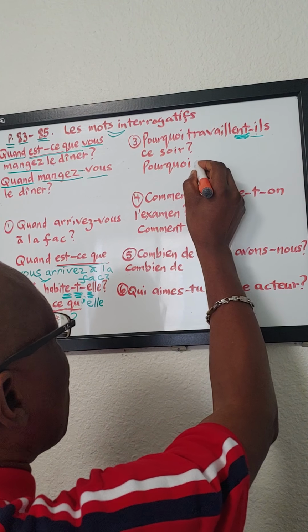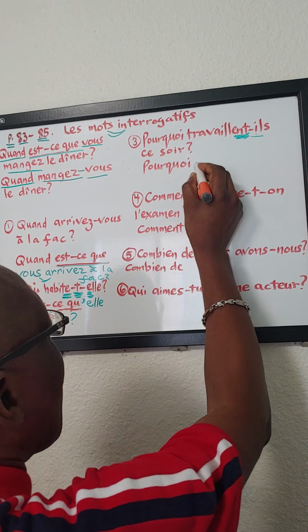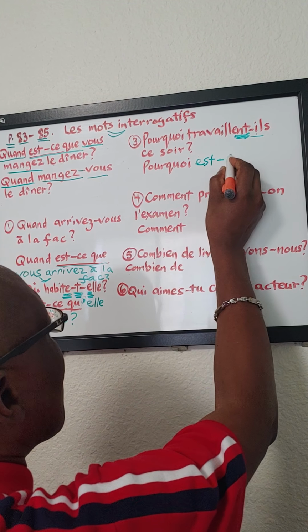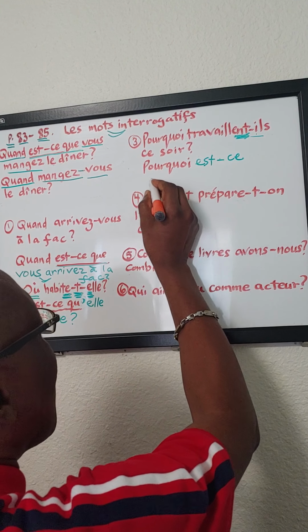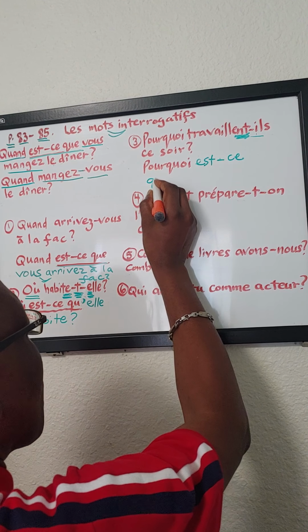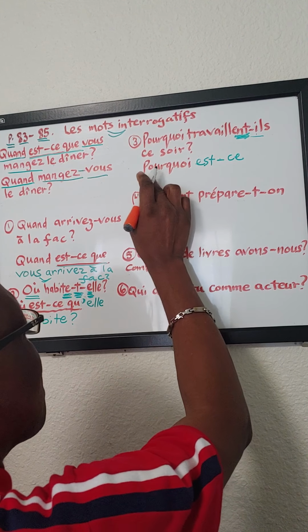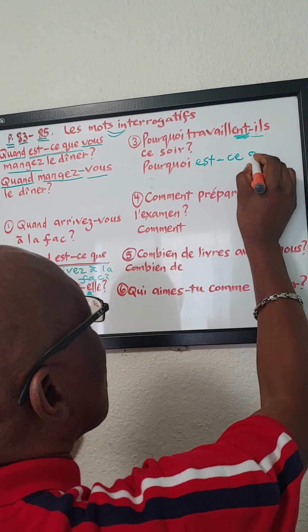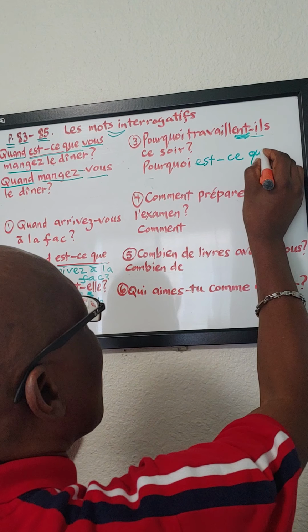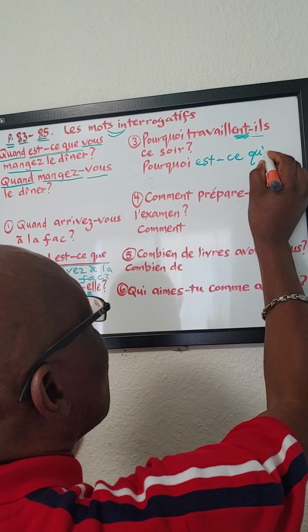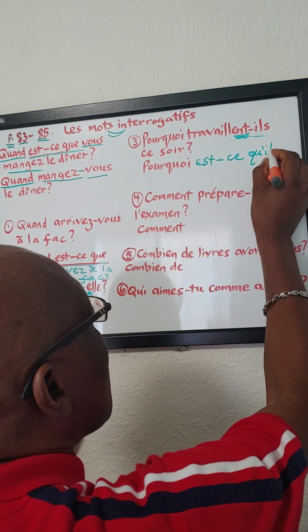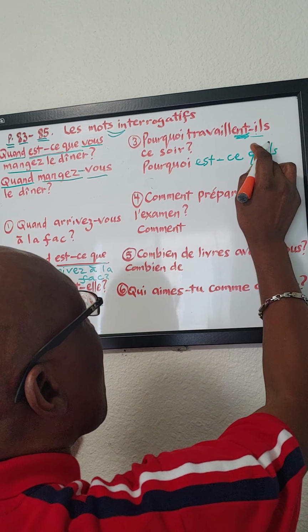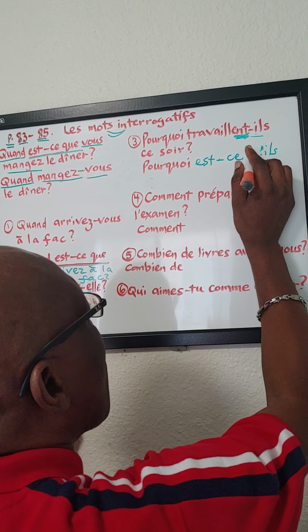Now you put your est-ce que here after pourquoi. So, pourquoi est-ce que. Because we have two vowels meeting, we will drop the first one and put our apostrophe there.